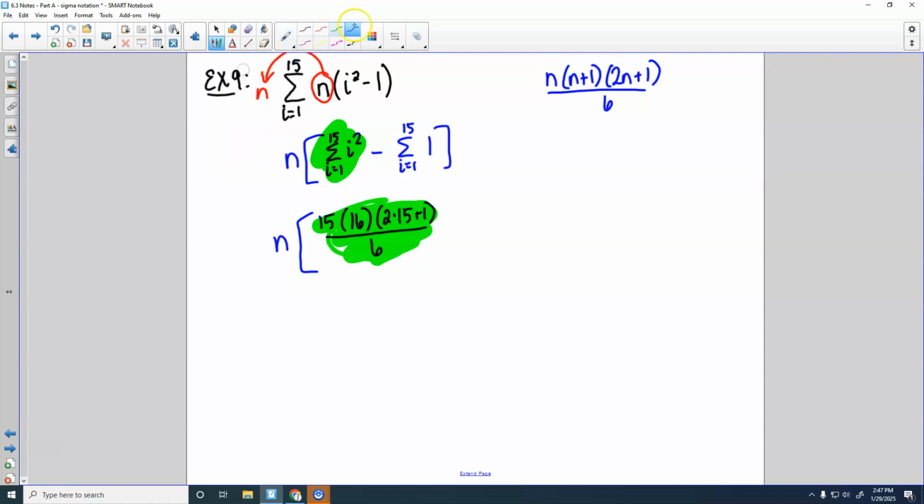Then we must also do the second part. This is just the constant. So your constant shortcut rule is to take your constant and multiply it by your end number. So this would be what you get right here.